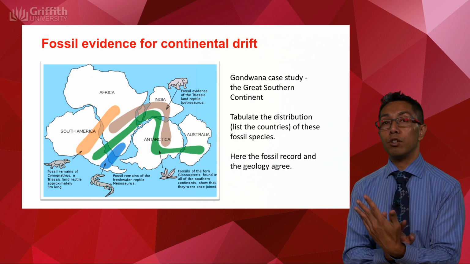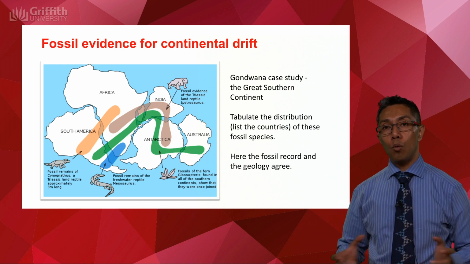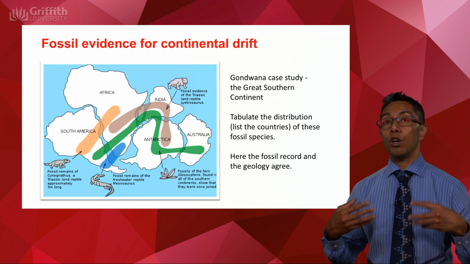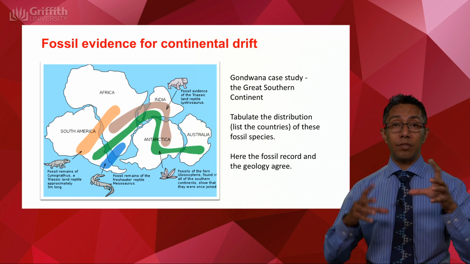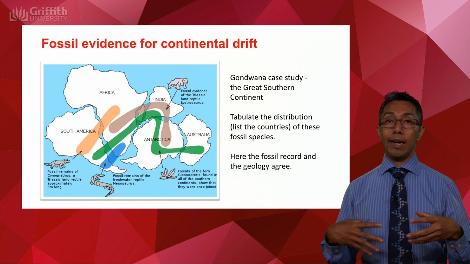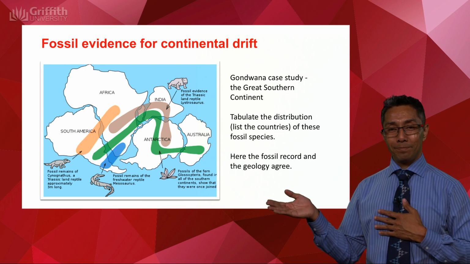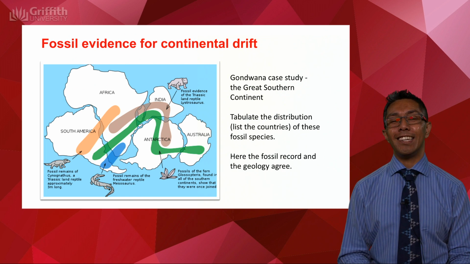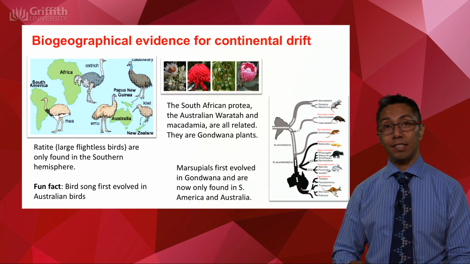When we apply continental drift, we rewind the tape, we go all the way back to Gondwana. The only way that we can reconcile the distribution of all these fossils is by using continental drift. So not only is it the fossil record, but it's a whole range of other things as well.